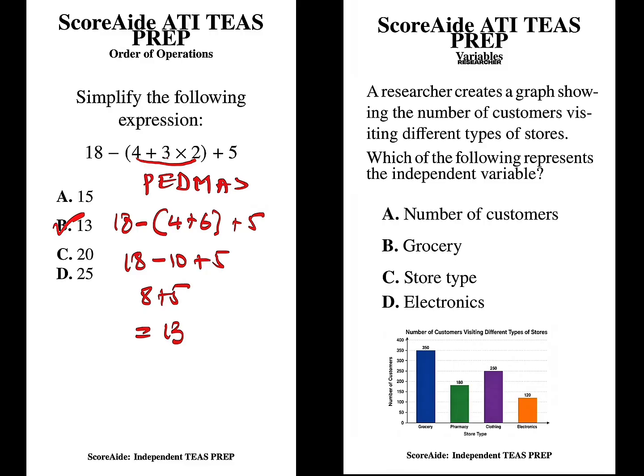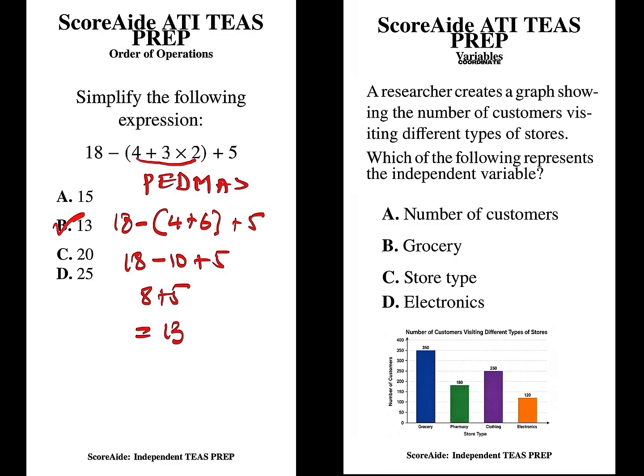A researcher creates a graph showing the number of customers visiting different types of stores. Which of the following represents the independent variable? So we have the number of customers, grocery, store type, electronics. You can see the graph here, right? On the y coordinate, we have the number of customers.